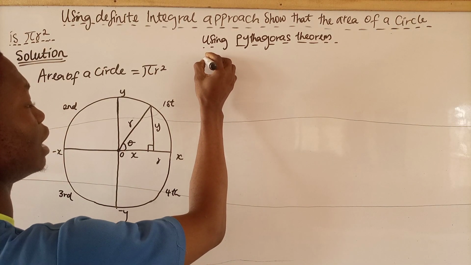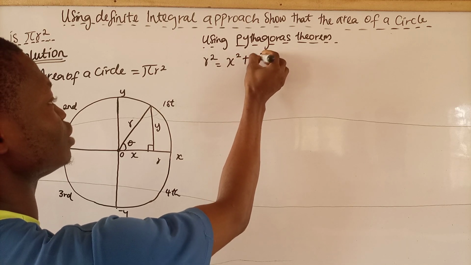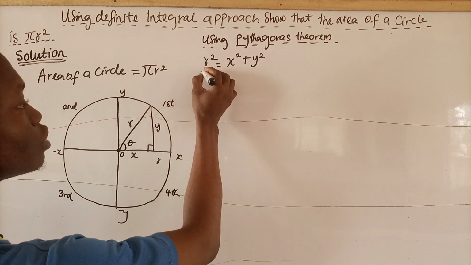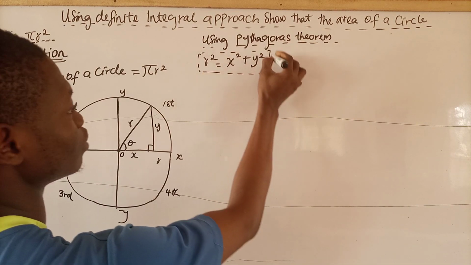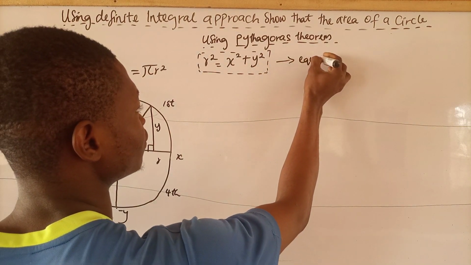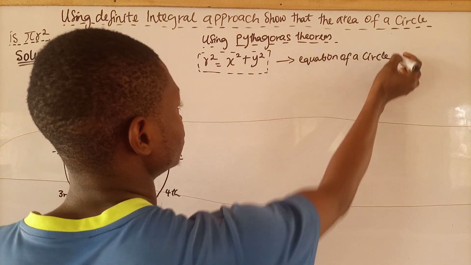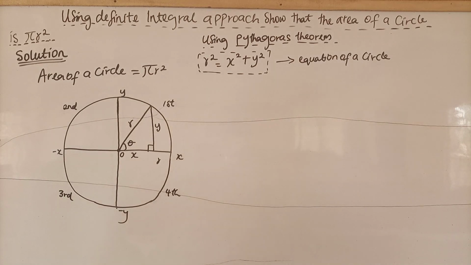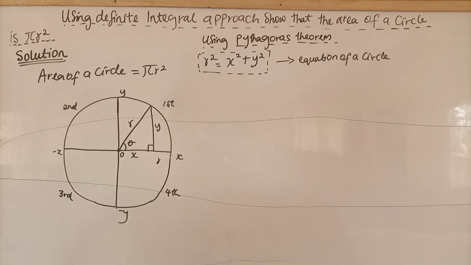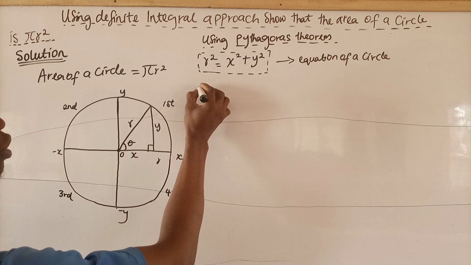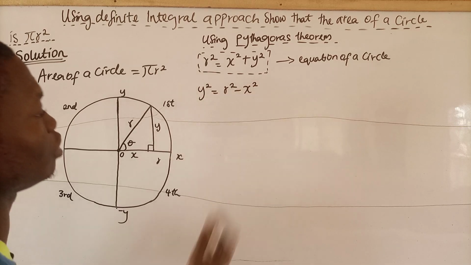So that our r squared is equal to x squared plus y squared. I have obtained the equation of a circle. So I want to subtract x squared from both sides. So y squared is equal to r squared minus x squared.